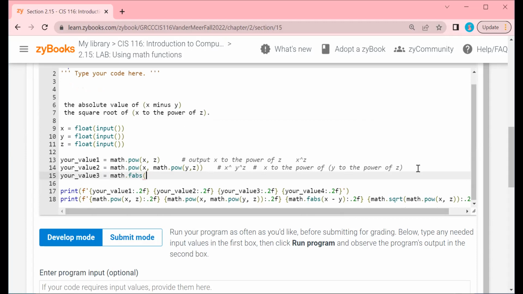And what I'm trying to do is find the absolute value of x minus y. So fabs and then x minus y. Fabs is the absolute value, and then that's it. So if x minus y is -5, 5 gets printed to the screen.